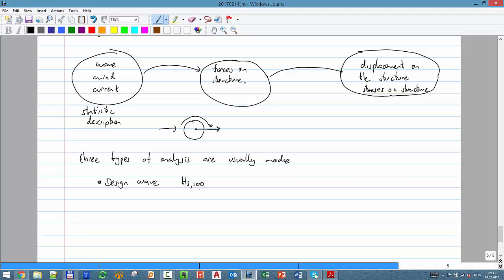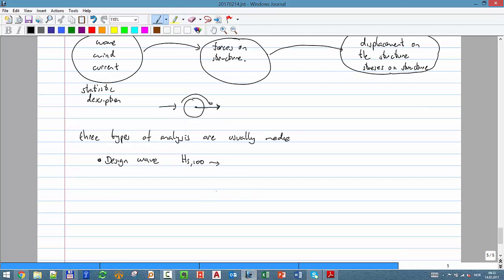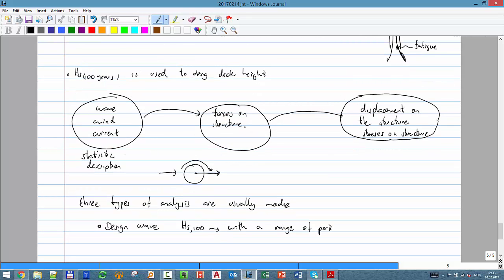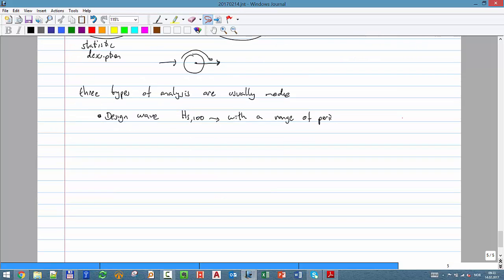You're assuming that the structure will experience a storm of at least that particular magnitude, and the periods used are usually HS with a range of periods. So you apply that particular wave height, apply some particular period, calculate forces, and see what the displacements and the stresses are.